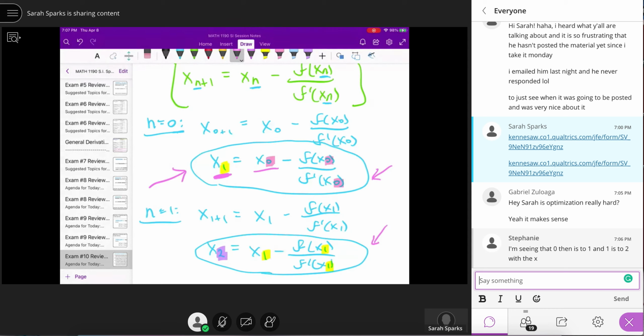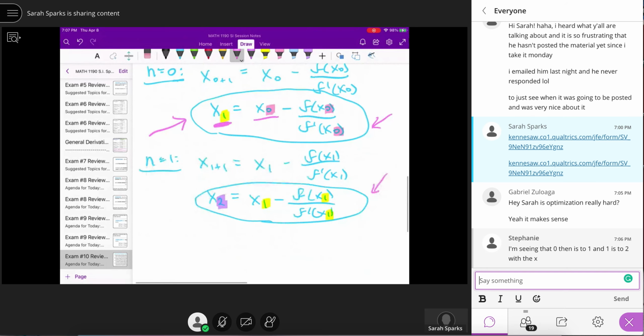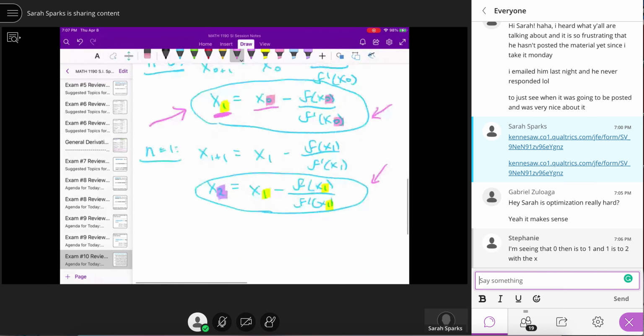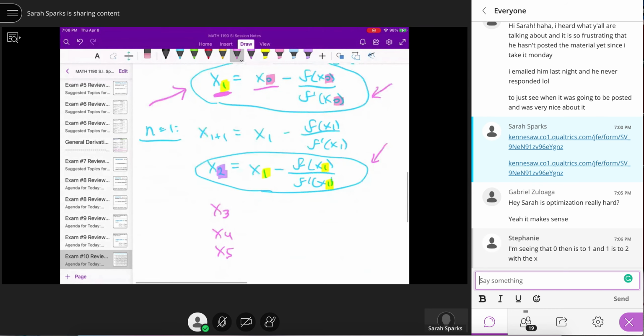It's also very similar to how a lot of computer programs approximate numbers, because after a couple of iterations, so we start at x1, x2, and if we keep going to x3, x4, x5, by the time we're at x4 or 5, we have an extremely close approximation.